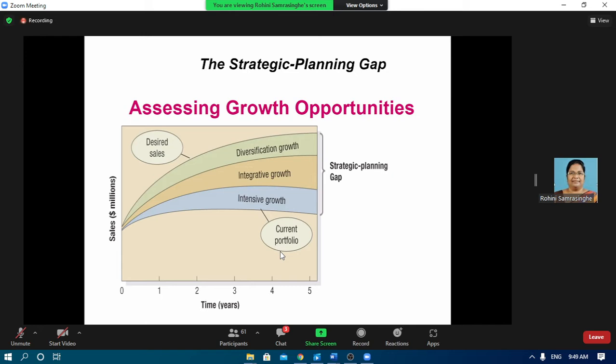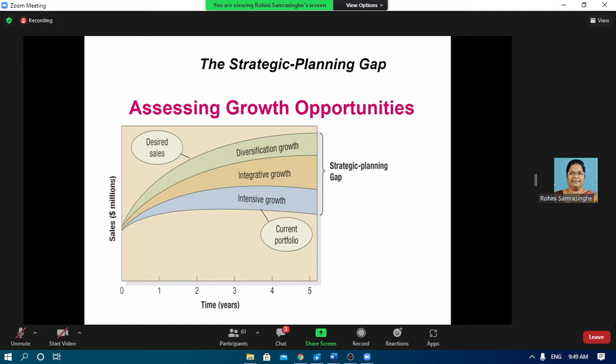The first one is intensive growth strategy. Second, integrative growth strategy. Third, diversification growth strategy. Three types of strategies a company can apply here. Next we can go one by one: what is intensive growth strategy, what is integrative, and what is diversification growth strategy, right?